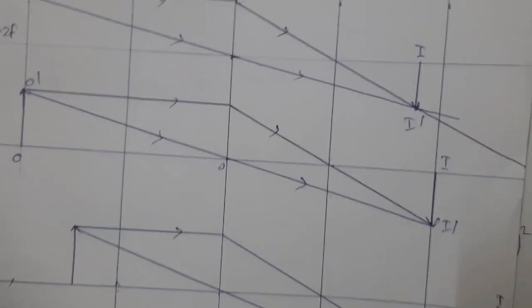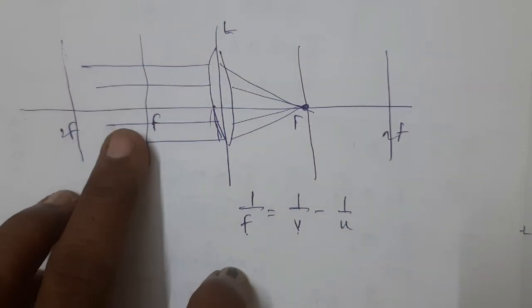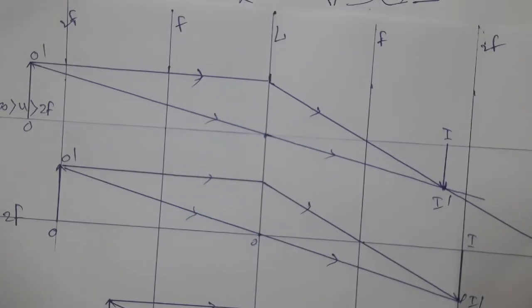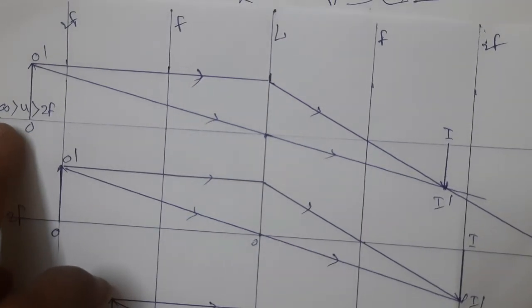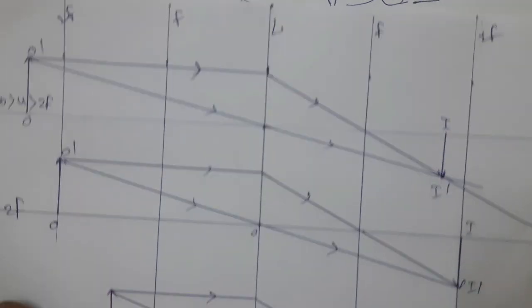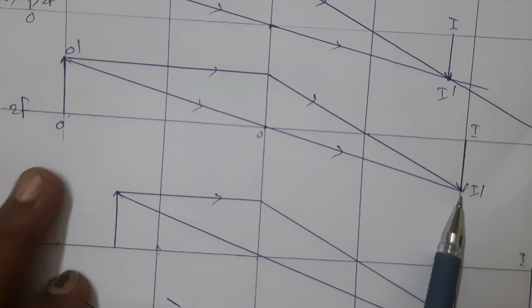Therefore, basically these are 6 images. Out of them, one image can be treated as a simple image, rays parallel, that means object is at infinity, image will be at F. Object in between infinity and 2F, the image will be in between F and 2F. If the object is at 2F, the image will be at 2F.